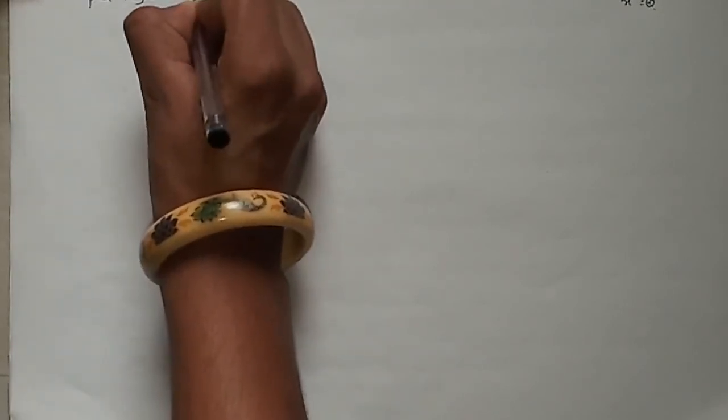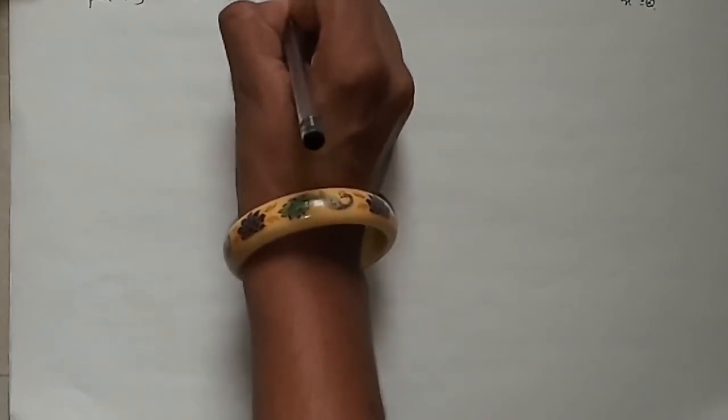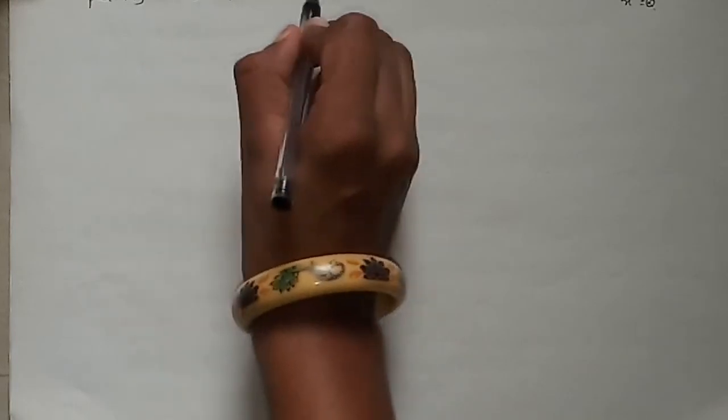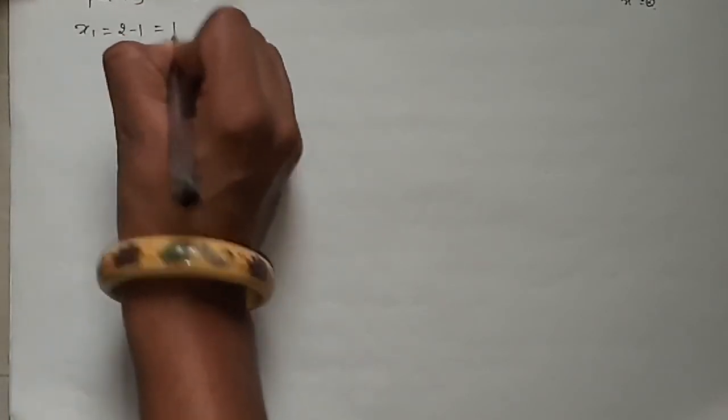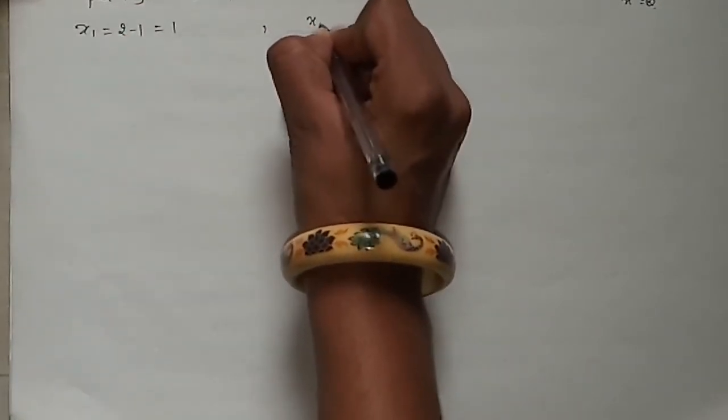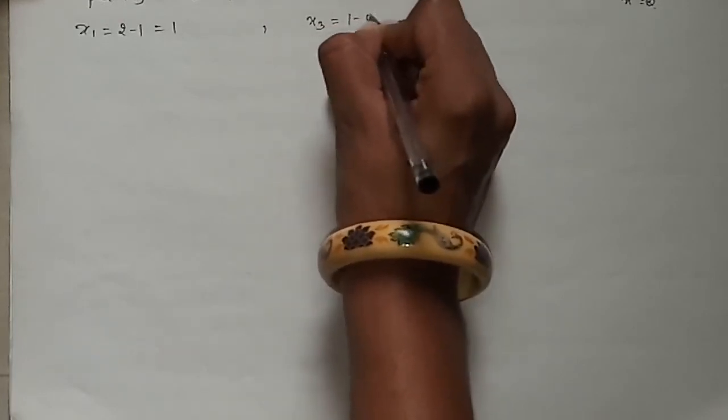So see, if I choose, putting x2 equal to 1 and x4 equal to 0, I have to select one particular solution, therefore I am selecting this. We will always try to select this kind of value, so everyone's answer is equal. So from here, if x2 is equal to 1, then x1 is equal to 2 minus 1, that is 1, and x4 is equal to 0, then x3 is equal to 1 minus 0, which is 1.